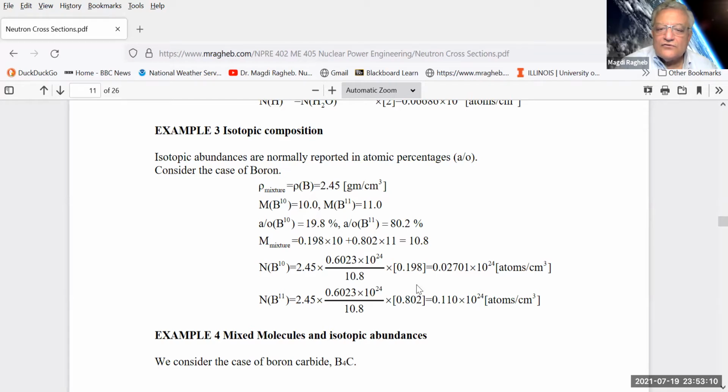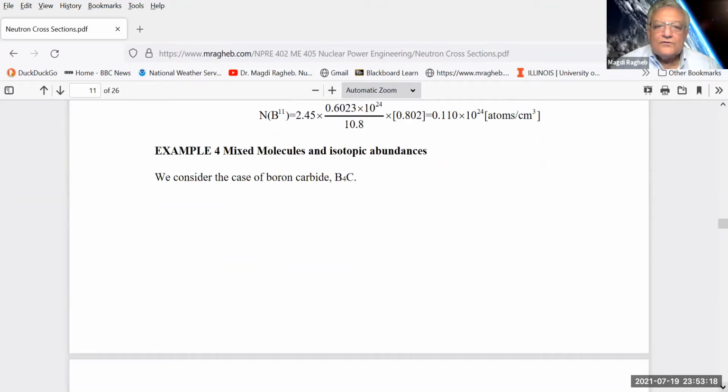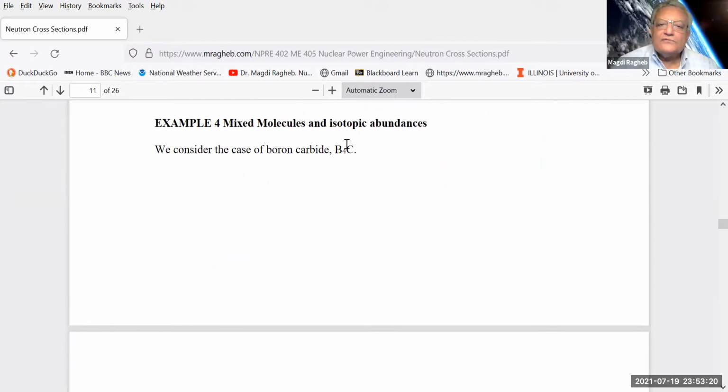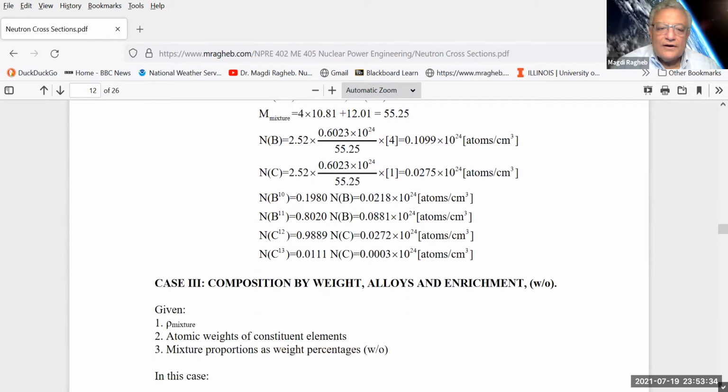So all you have to do is simply use logic to calculate an effective density of each isotope in the isotopic mixture. You can do this also for mixed molecules like boron carbide. Boron carbide is a shielding element because it contains boron, and boron absorbs neutrons, and carbon slows down the neutrons through interactions with the carbon nuclei.